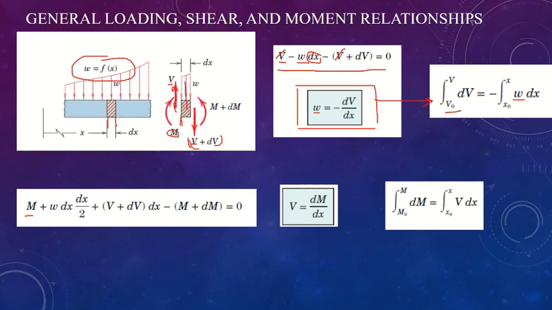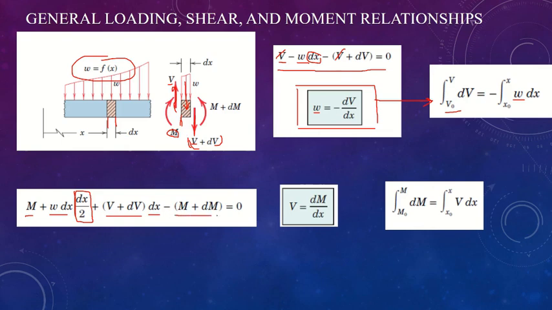This will create a counterclockwise moment. Then we are left with this force, V plus dV. This is also acting downwards, and it's also going to create a clockwise moment. The only moment acting at the other side is minus (M plus dM), and that is this component, and hence we will complete our moment equation.